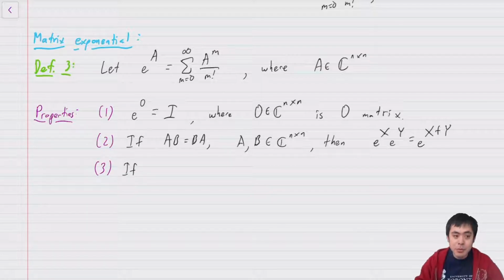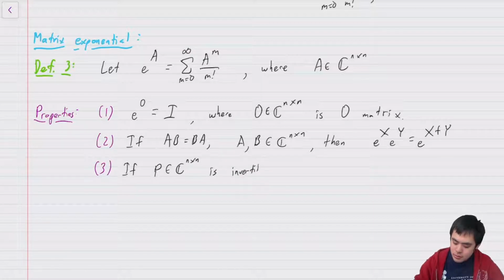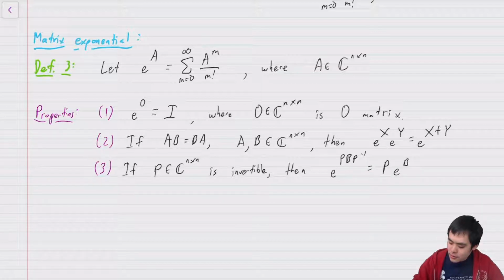And lastly, this is something we will verify. If P in C to the n by n is invertible, then e to the P B P inverse is equal to P e to the B P inverse.